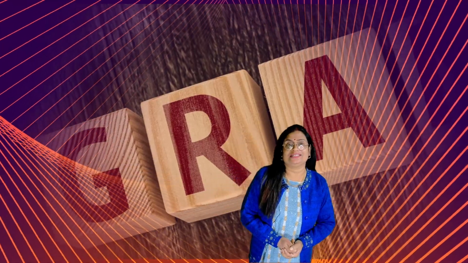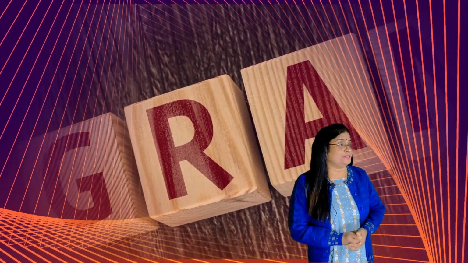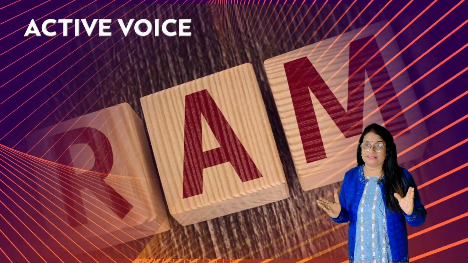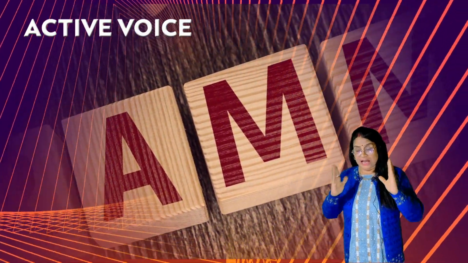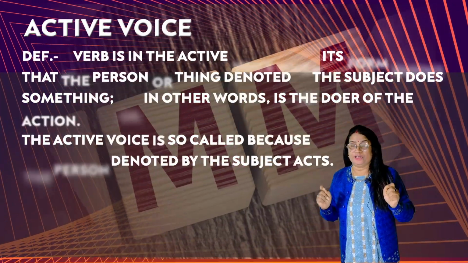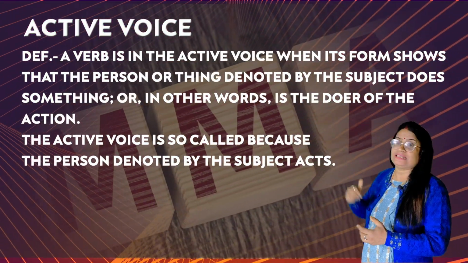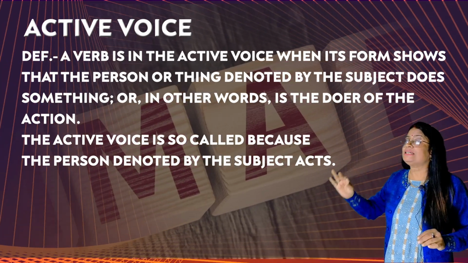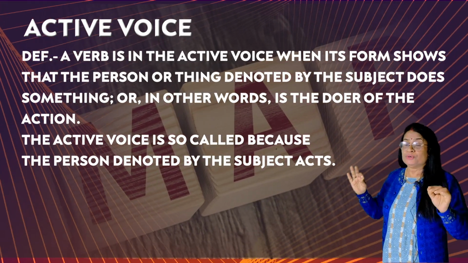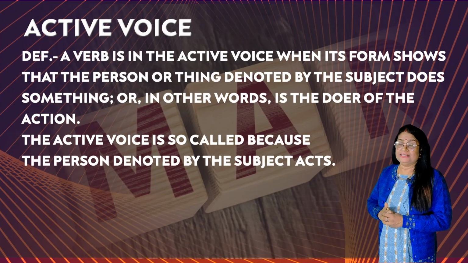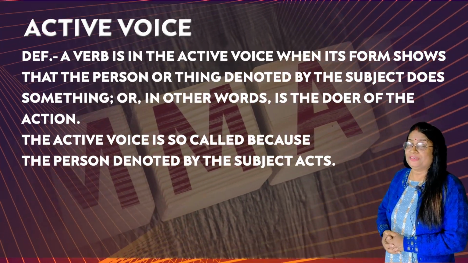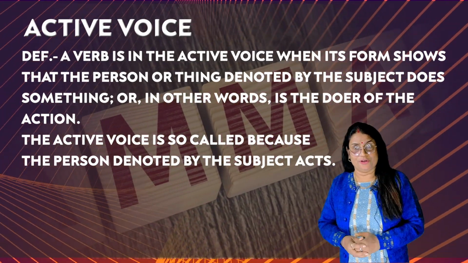Now, let us start with active and passive. Now, you should know what is an active voice. To know what is an active voice, you have to look into the sentences. When the verb shows that the person or thing denoted by the subject does something, it is in the active voice.